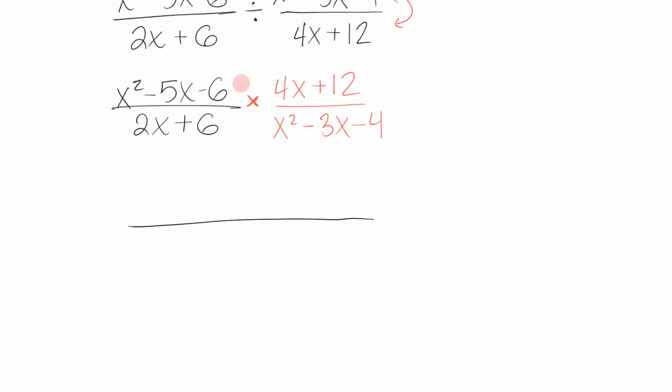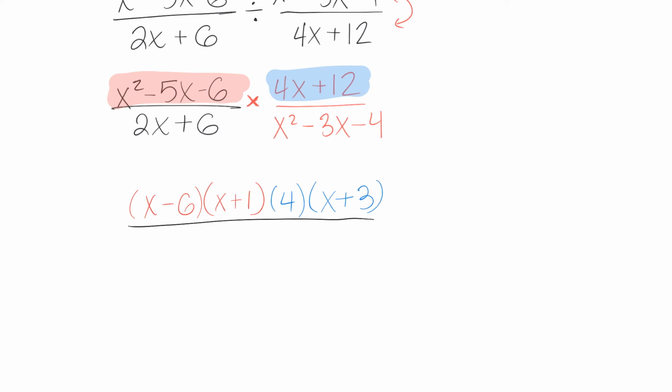So x squared minus 5x minus 6, that's going to factor to x minus 6 times x plus 1, and 4x plus 12, we're going to factor that. I'm just going to factor out a 4. I'm going to put it in brackets so I don't lose it.